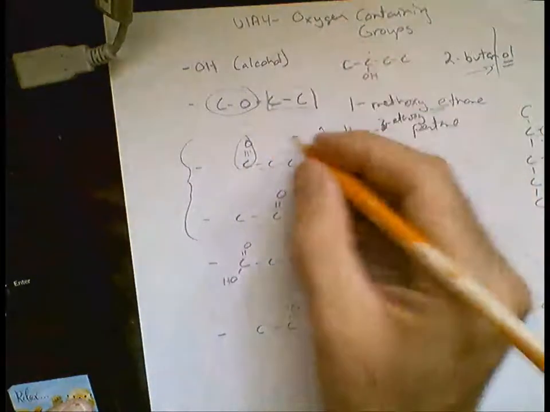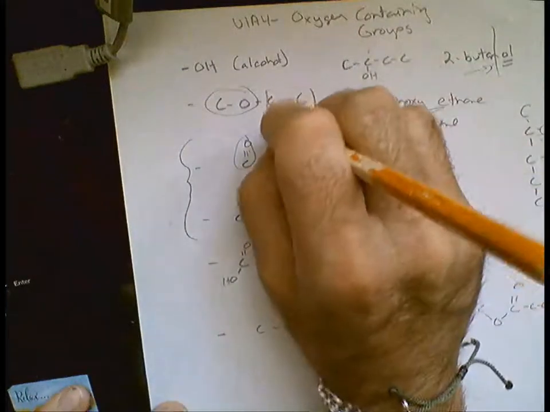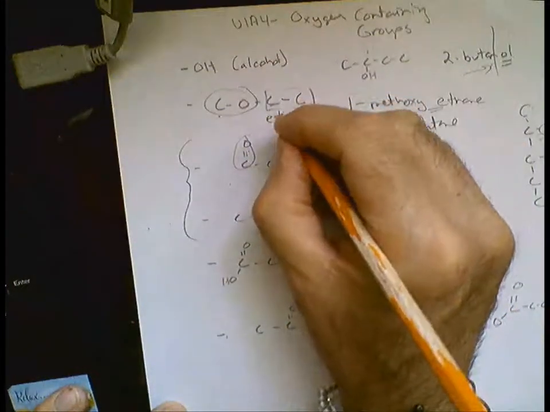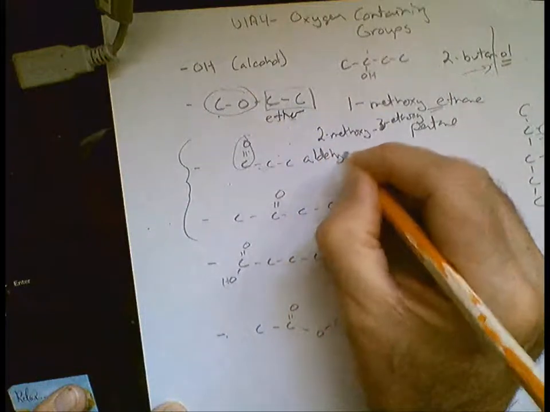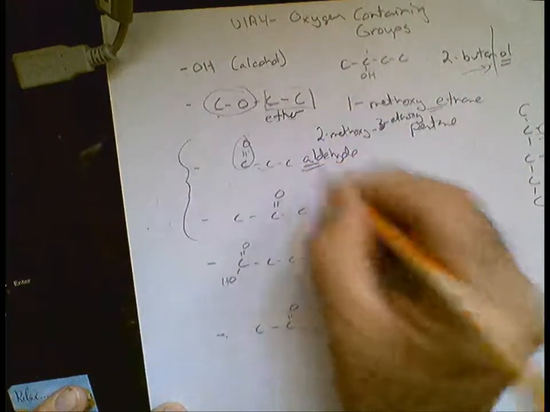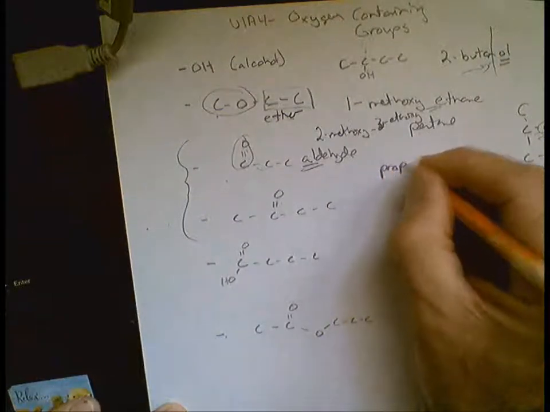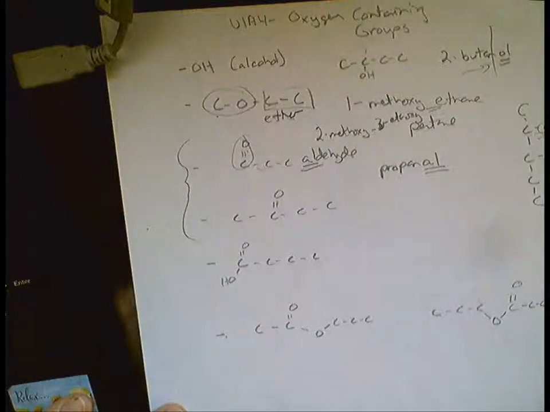So that's an alcohol. That's an ester. Sorry, that's an ether. This is an aldehyde. And so it gets an L. So it's propanal. So we just changed the ending to AL.